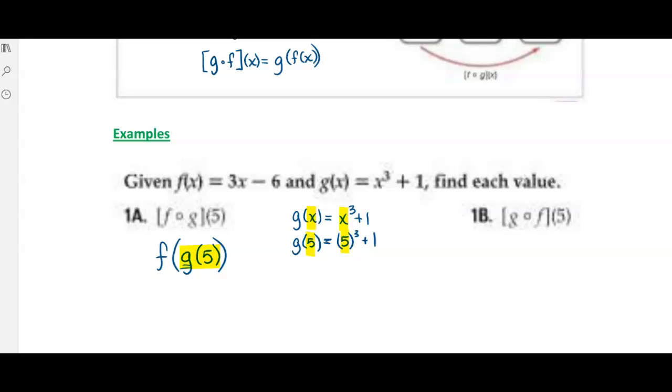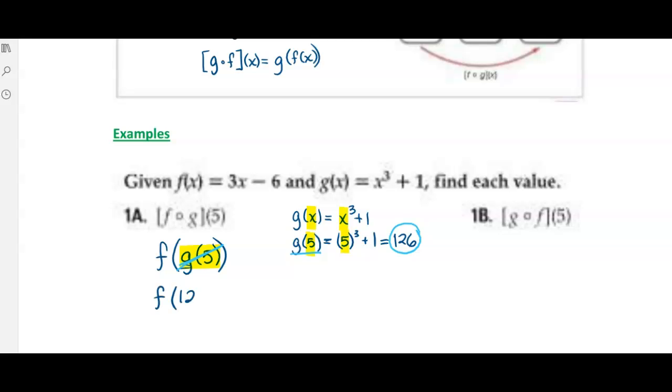Always take note to use parentheses, that way you don't mess up your signs. So g of 5 ends up being 5 cubed, which is 125, plus 1 is 126. So again, I'm going to take this output, because that is literally what g of 5 is, and I'm going to go back and replace it here.